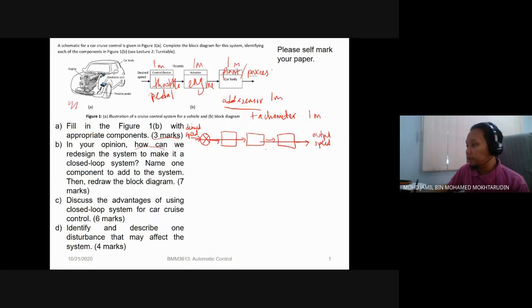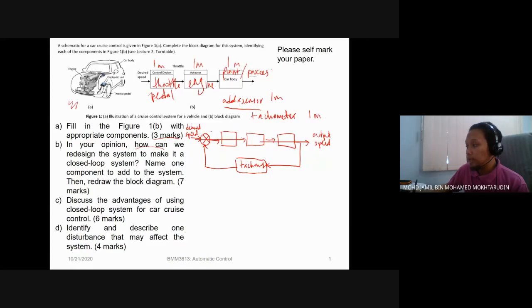After you have this, you add a feedback loop and your tachometer here, and then this arrow goes back to the summing junction.